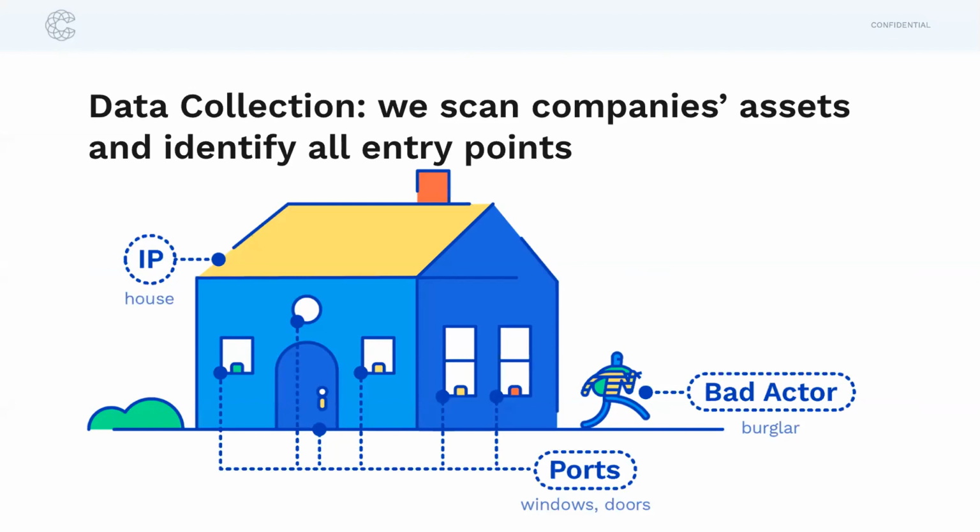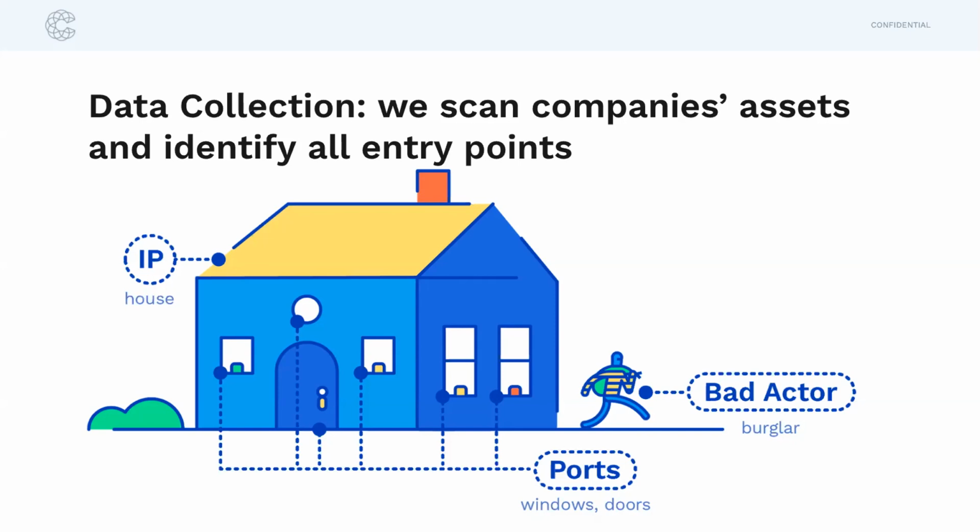The best way to think about this is that the technology we use scans every IP address, and you can think of an IP address as analogous to your house address. The first thing the bad guys are looking to do is understand where you live. So the IP address identifies the address for your entryway to the internet.